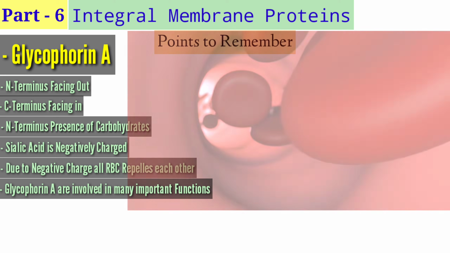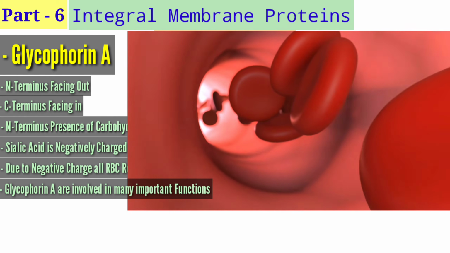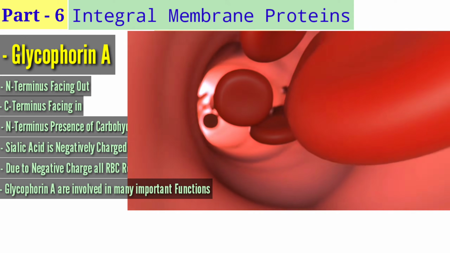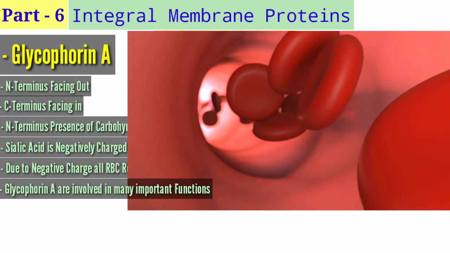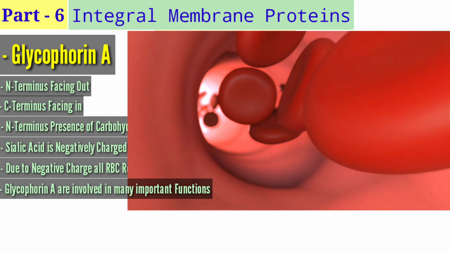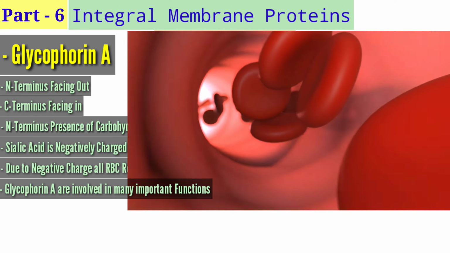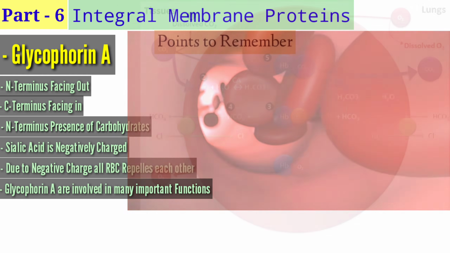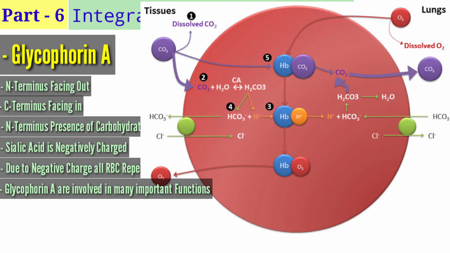Glycophorin A is also involved in various functions. When blood circulates through the tissues, carbon dioxide gets dissolved and undergoes the following reaction. Here you will find that carbonic acid has been produced. This carbonic acid dissociates into a proton and bicarbonate.